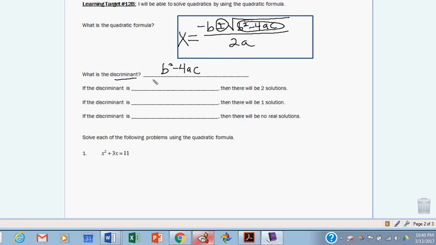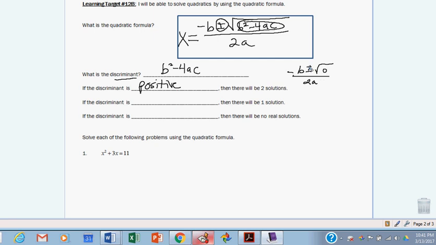So if the discriminant ever comes out to a positive value, then there will be 2 solutions to that problem. Well, what if it came out to 0? If it came out to 0, that means we would have negative b plus or minus the square root of 0 all over 2a. And I hope you know the square root of 0 is 0.